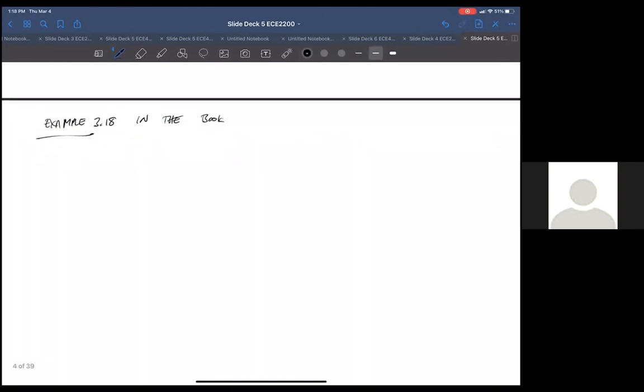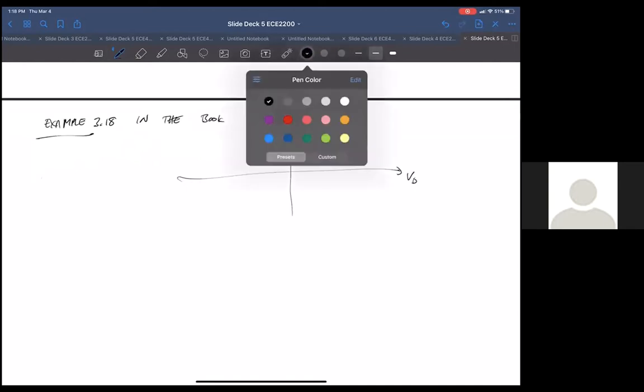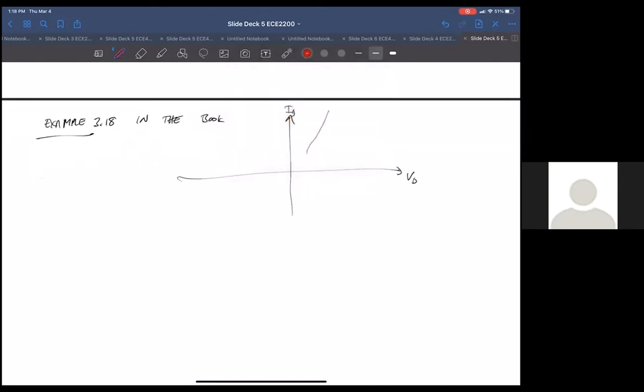So what it says is, assume you have your diode, and assume that you are biased around a 1 milliamp mark.